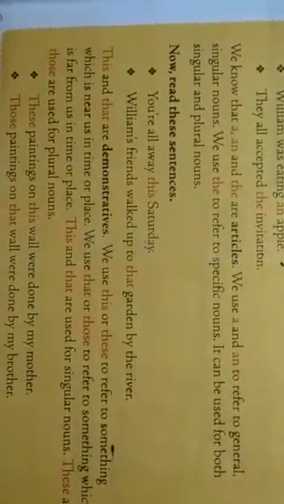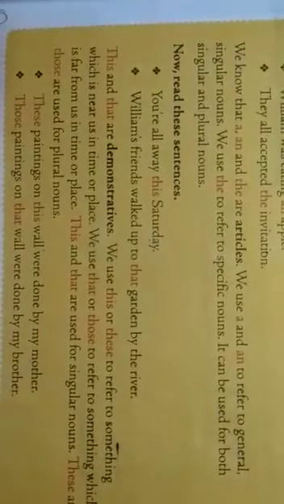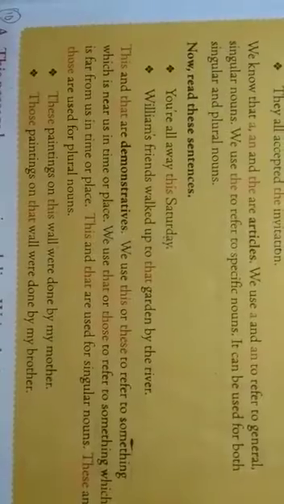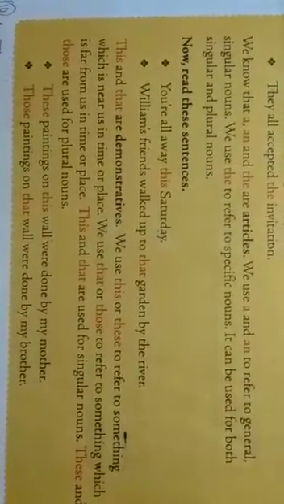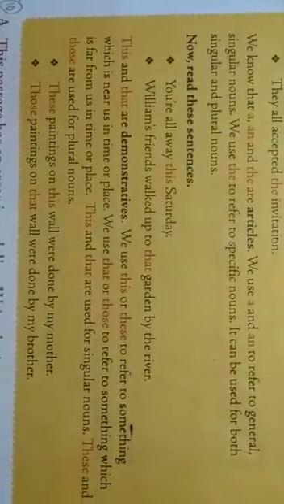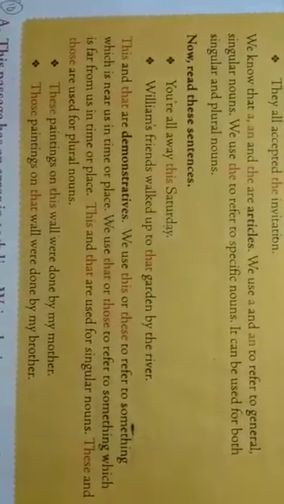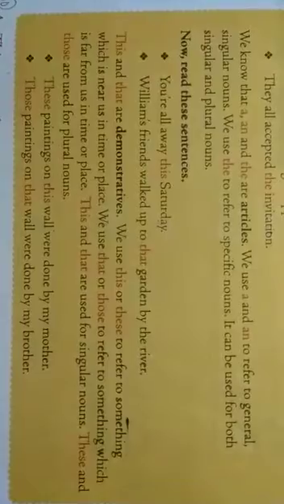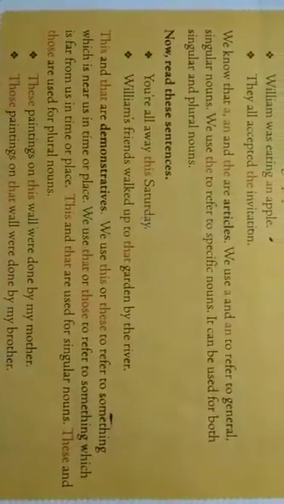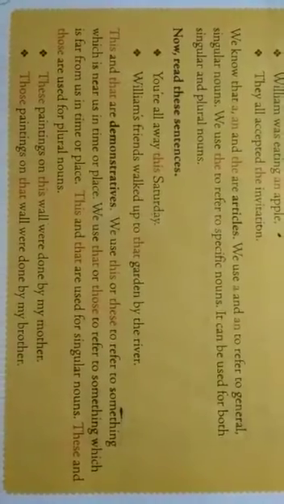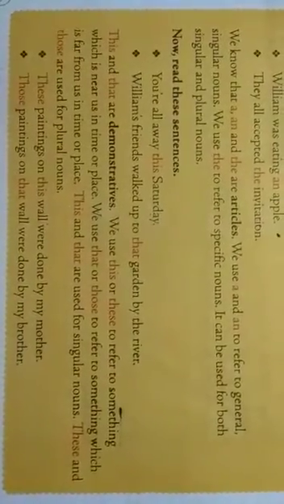And then these and those. These we use to refer to plural things. For example, these paintings on this wall were done by my mother. These paintings means more than one painting which is near, and this wall means only one wall.